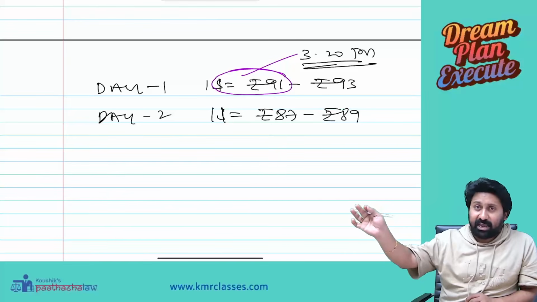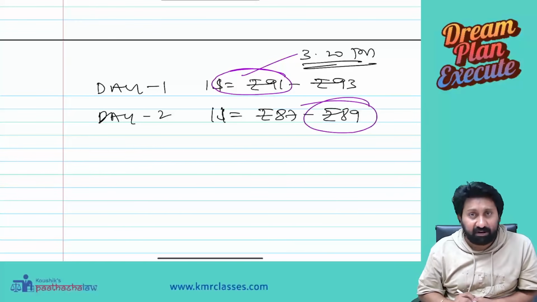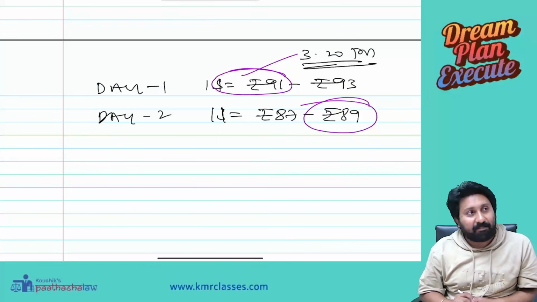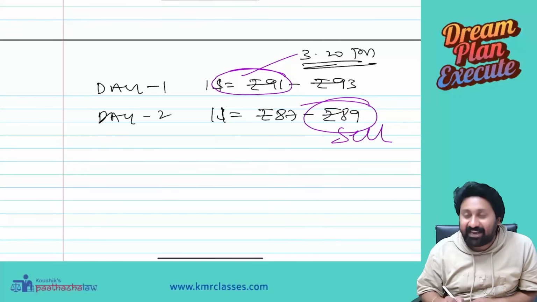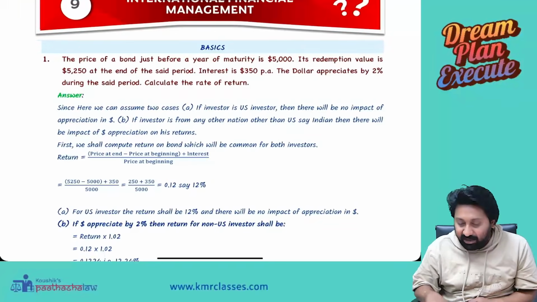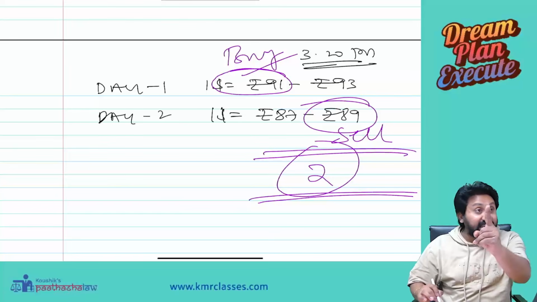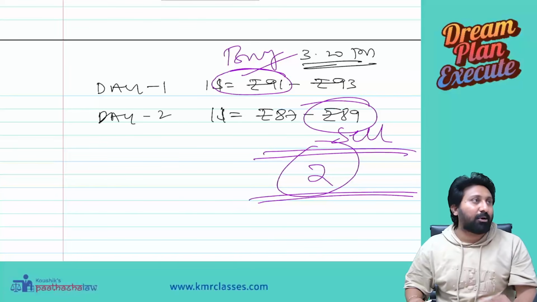One customer came, and the bank has to sell at the higher rate, which is 89. Now what will happen? The bank is selling at 89 what it bought at 91. The bank is making a loss of 2 rupees on each dollar. The bank also made a 2 lakh rupee loss.